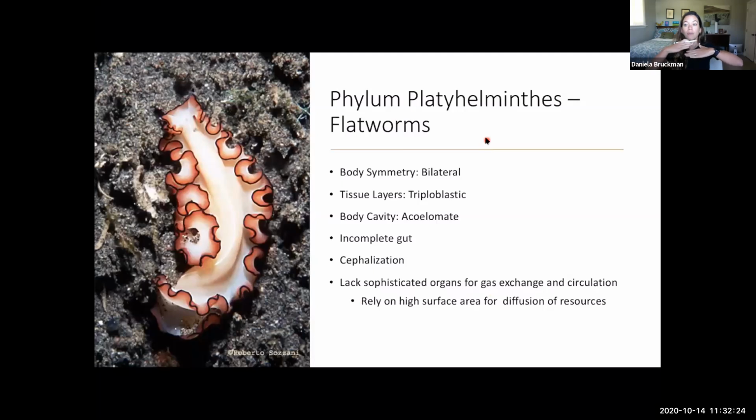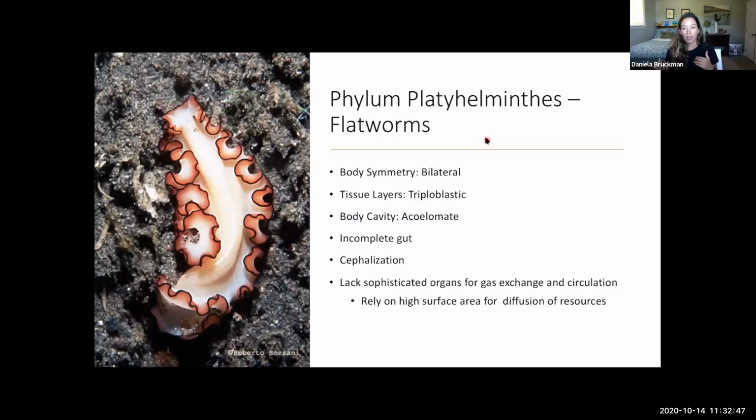They're really flat. Flat means lots of surface area. They can diffuse oxygen directly through their body wall. They can diffuse nutrients to each of their cells in a more efficient way if they have good surface area. So they don't have a closed circulatory system. They don't have gills or anything like that. They're just diffusing stuff from cell to cell.